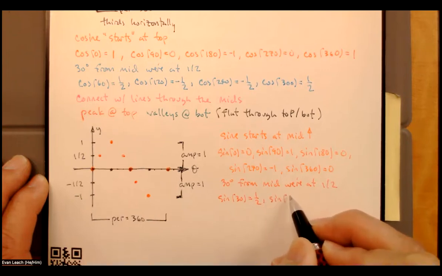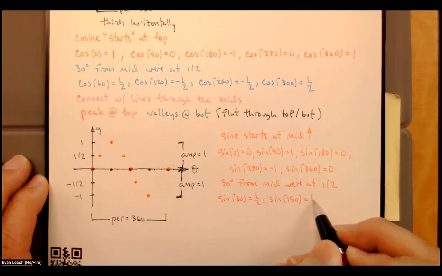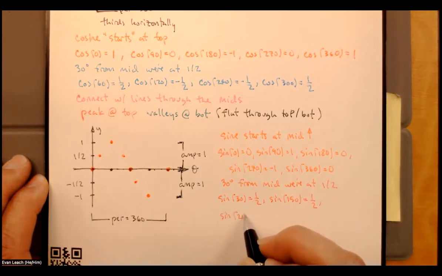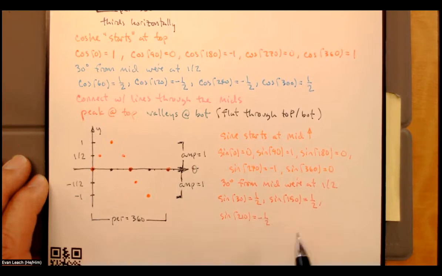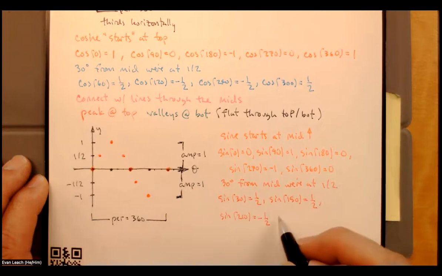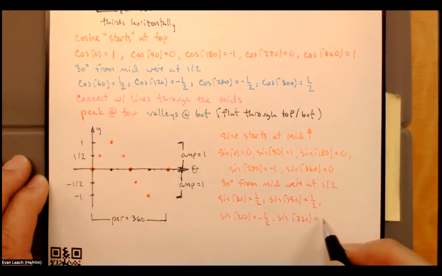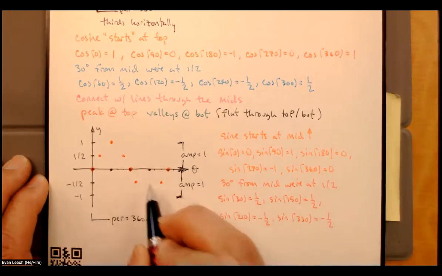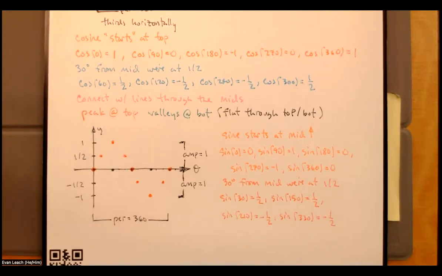Sine of 150 is 1/2. Sine of 210 is negative 1/2, because now we're in the third quadrant. And then sine of 330 is negative 1/2. 30 degrees away from the middle, that's where we're at 1/2. We're trying to get the nice bend for our sinusoidal function.